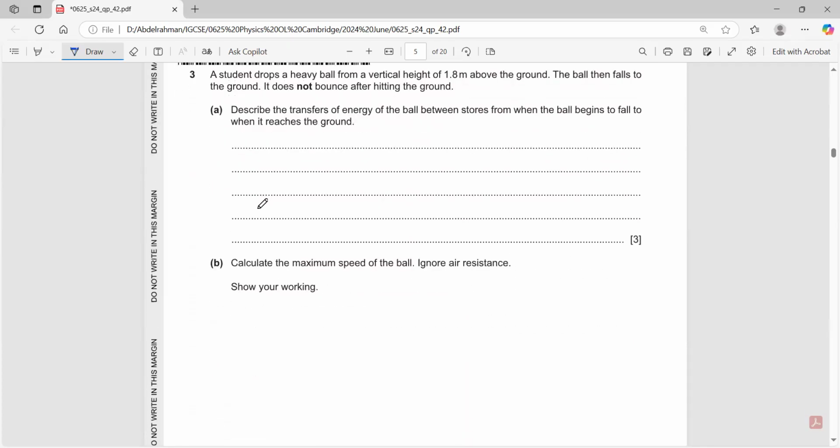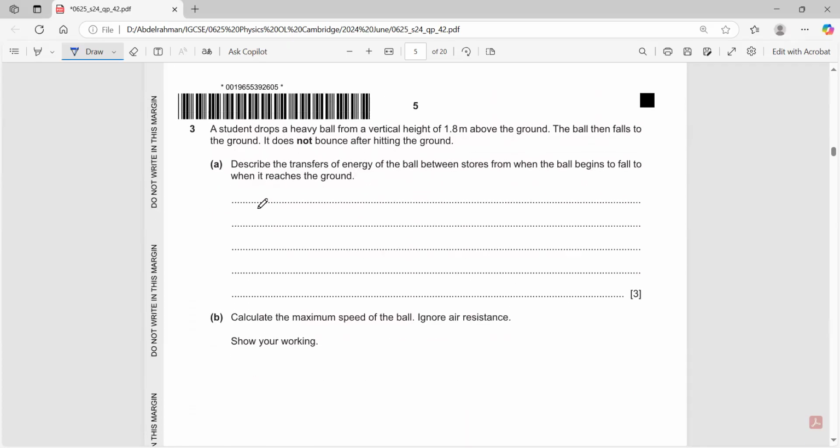A person drops a heavy ball from a vertical height of 1.8 meters to the ground. It falls and does not bounce after hitting the ground. Describe the energy transfers of the ball from when the ball begins to fall to when it reaches the ground. First of all, it had what type of energy? Initially it had gravitational potential energy stored in the ball.